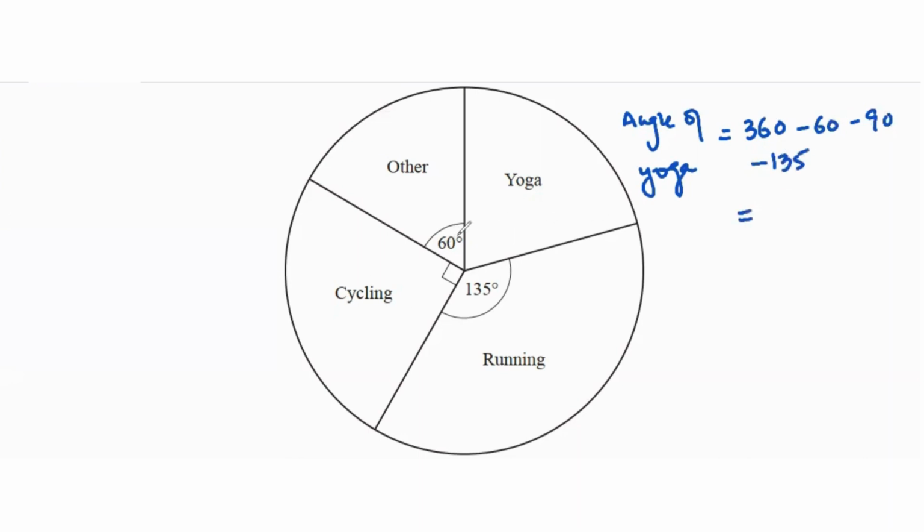Since it's a complete circle, if we subtract the other angles from 360, that's going to give us the angle for yoga, which is going to be 75 degrees. So 75 over 360 is our fraction, and now if we simplify it, that's going to be 5 over 24. So this is the fraction for the people who are doing yoga.